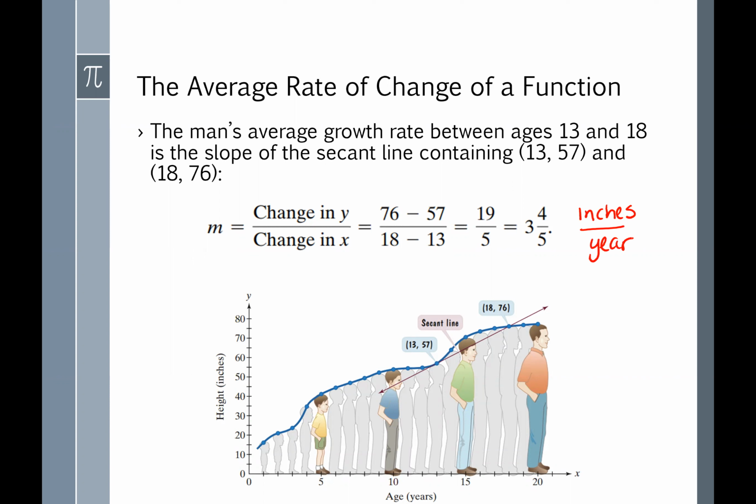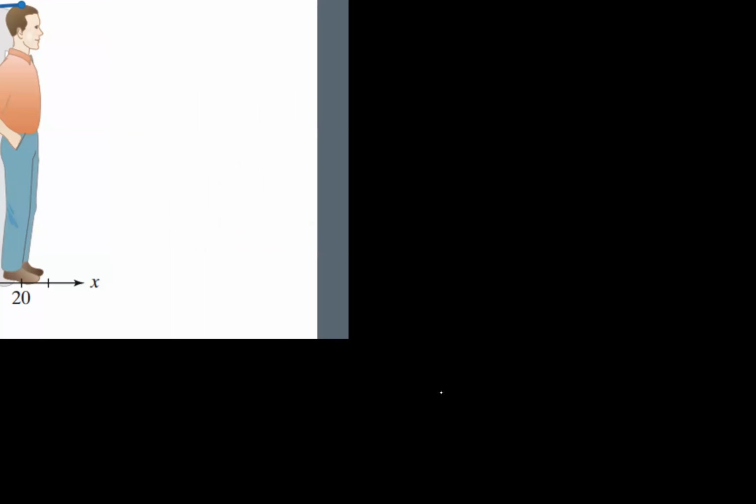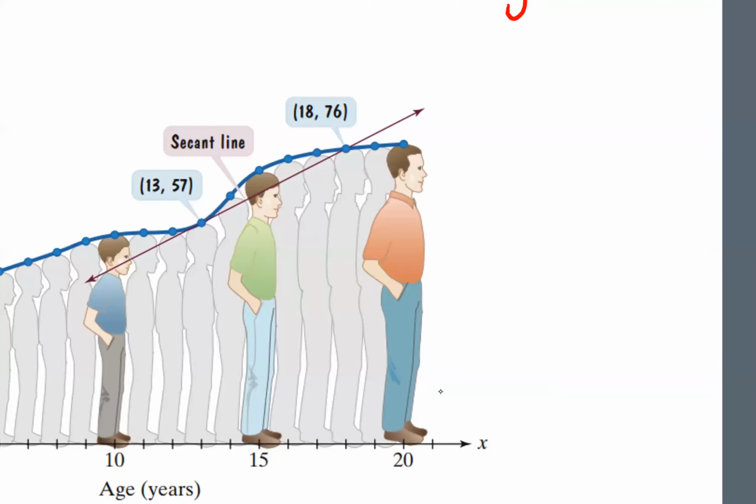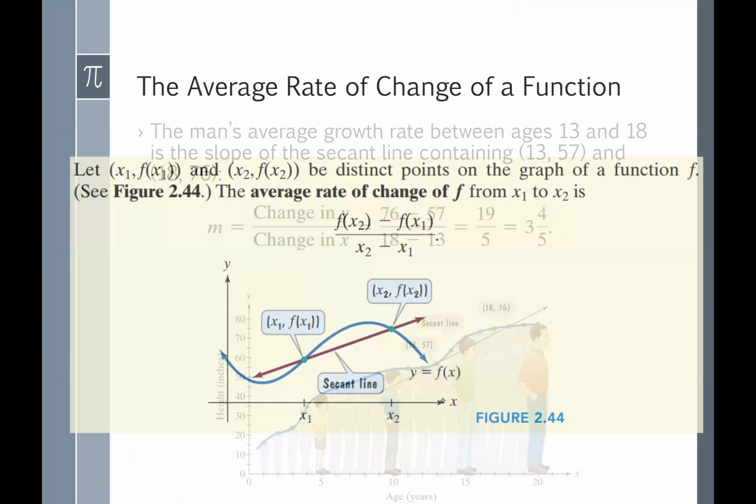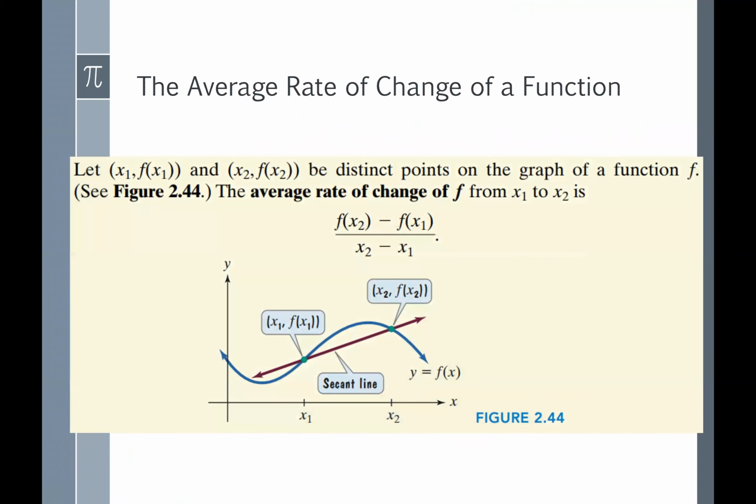And we can find the average rate of change of any function given 2 points. All right, we'll just use the mouse. So the average rate of change of a function is given by this formula. Let x sub 1, f of x sub 1, so here's my first point.